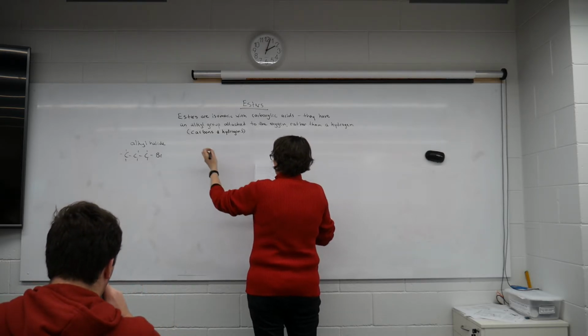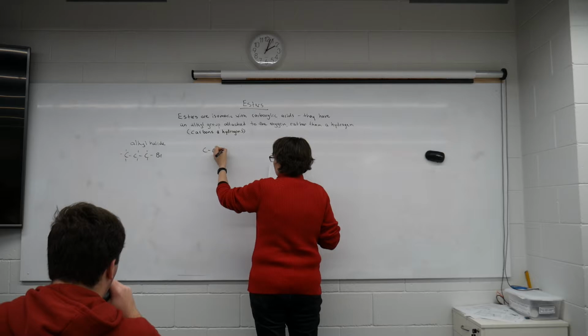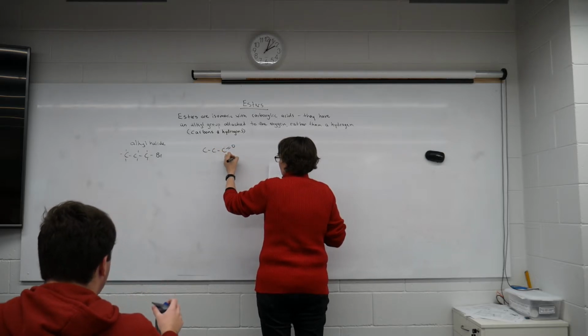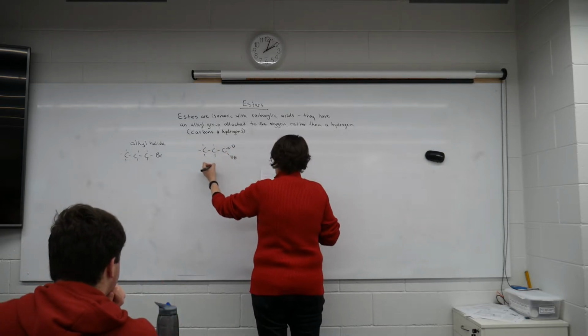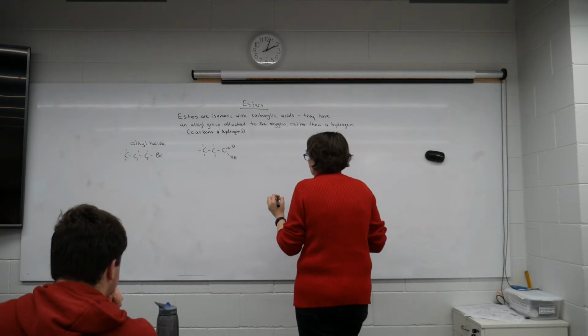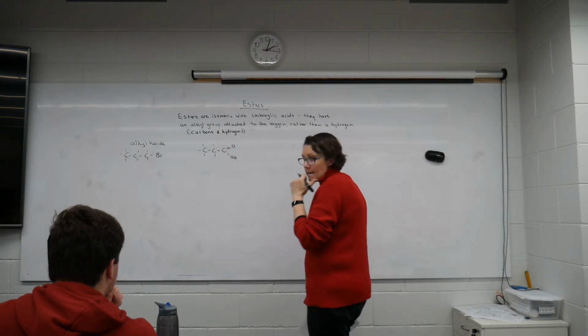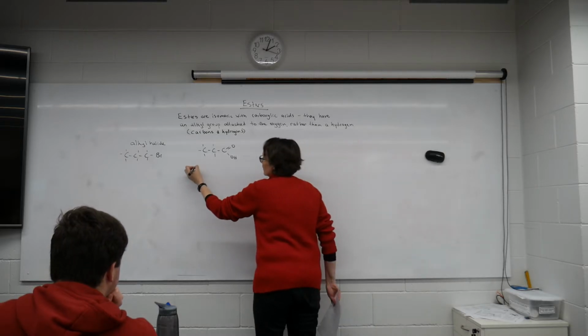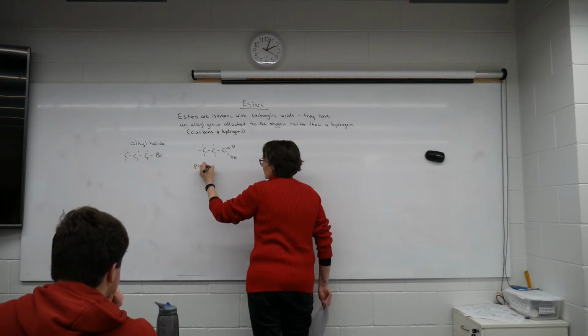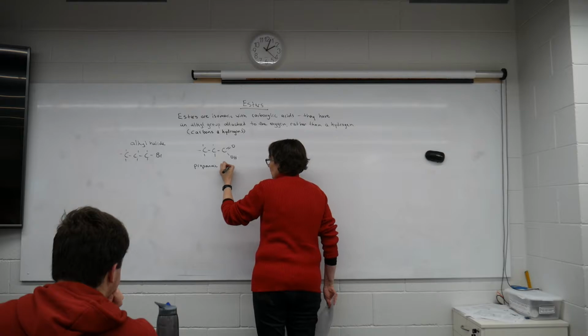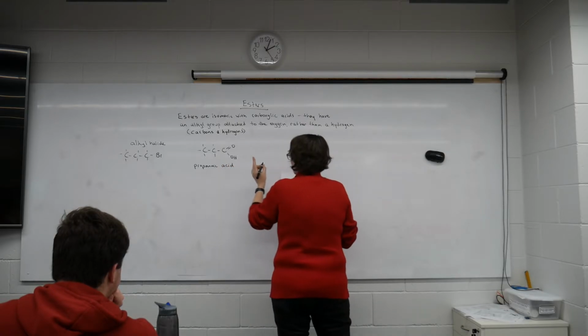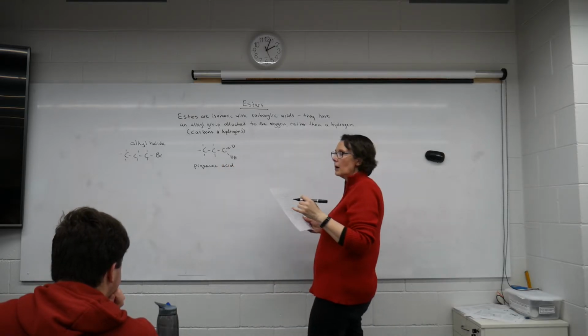So if we look then at a carboxylic acid, hopefully you're all happy that that is a carboxylic acid. What's its name? Propanoic. And what we're saying is that we can actually write an isomer of that.